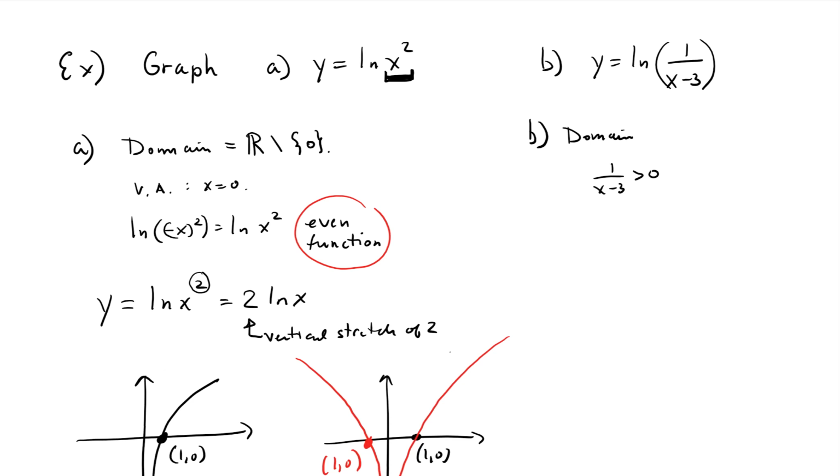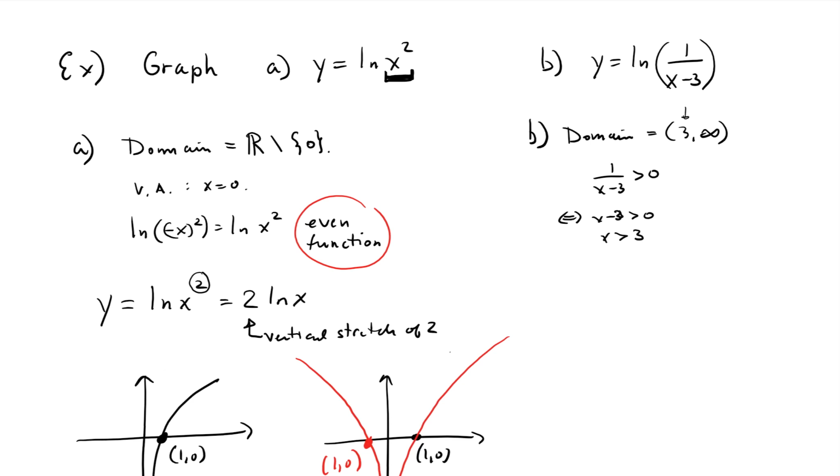So if 1 over x minus 3 is greater than 0, well, 1 is positive, so that means that x minus 3 has to be greater than 0. So that means x is greater than 3. So my domain is everything above 3.